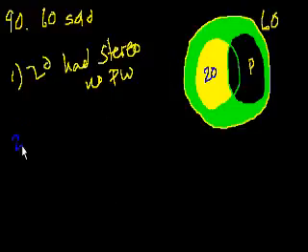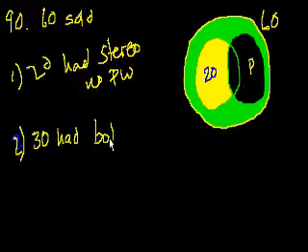So what's the second statement? Oh, that's too dark. Statement 2 tells us of the 60 cars sold, 30 had both power windows and a stereo. 30 had both.